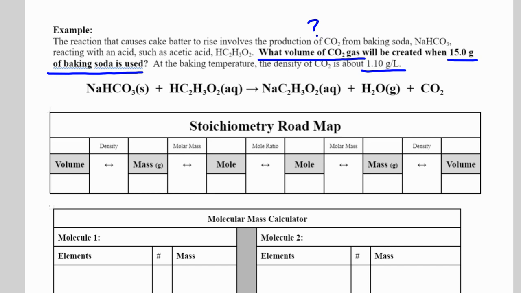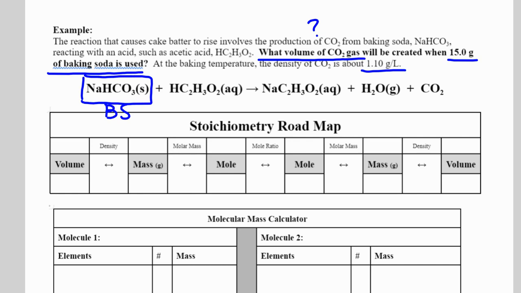After reading the question, and rereading it carefully, we want to make certain that we know which parts of the equation we care about for a particular problem. So in this case, we care about this chemical here, which is baking soda. I'm going to abbreviate it BS, have fun with that if you want.